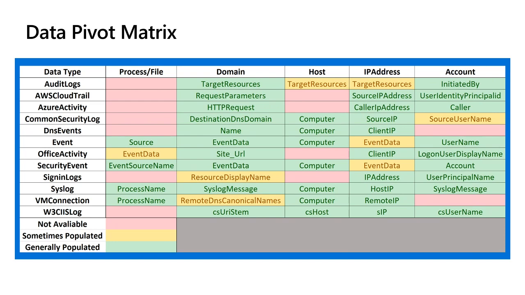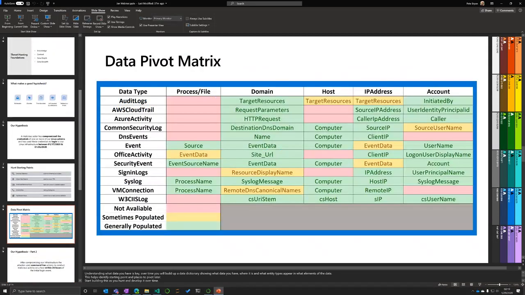I would recommend trying to build up something similar to this as you go. And it is not just useful for threat hunting, it's useful for incident response, it's useful for alert triage, it's useful for anyone using Azure Sentinel or a data set. So with that, let's jump into Sentinel itself.